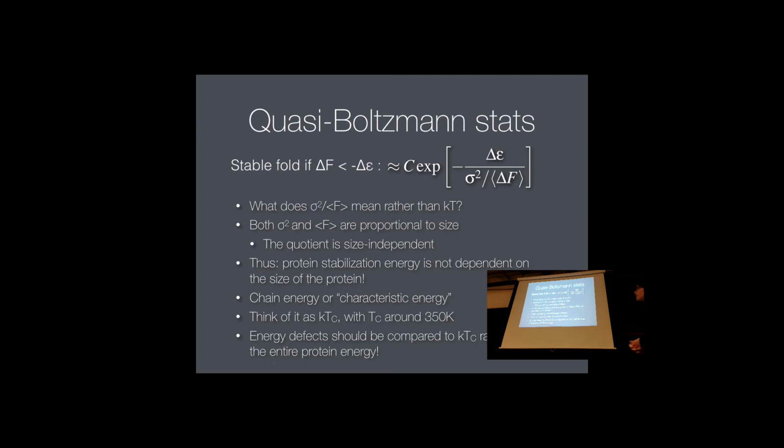And this yields a really interesting argument, because whether the protein is 50 amino acids or 500 or 5,000, we have the same stabilization energy. But it's much more probable to insert a defect in a long sequence, right?